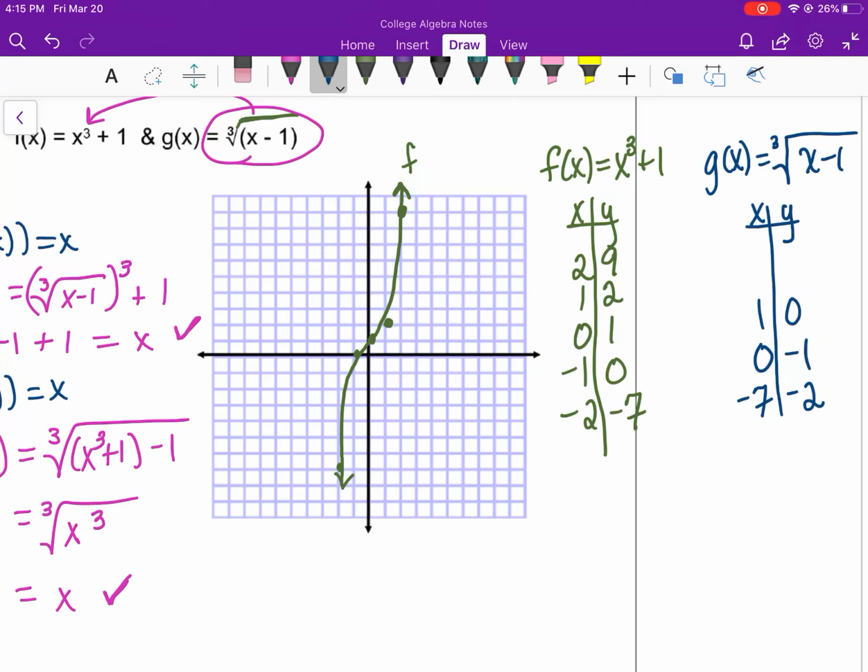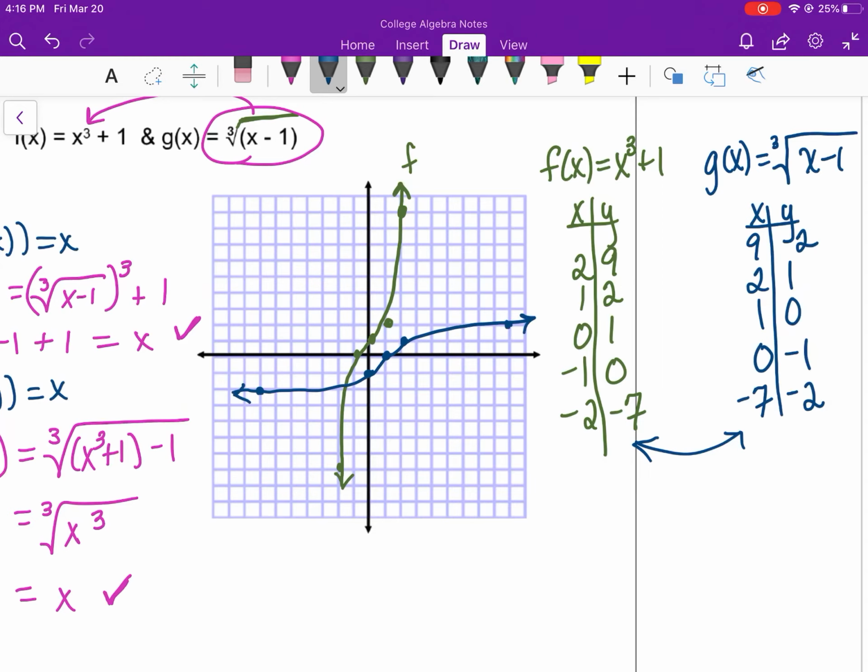And what you're starting to see is that these points are just reverse of each other. So if I put in a 2, I should get the cube root of 1. When I put in 9, I'll get the cube root of 8. So if these are inverses, you'll see that the ordered pairs are flipped from each other. I can graph them here as well. So 9, 2, 2, 1, 1, 0, 0, negative 1, negative 7, negative 2, and I get this right here.